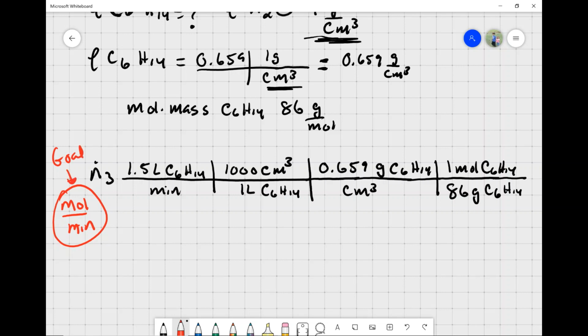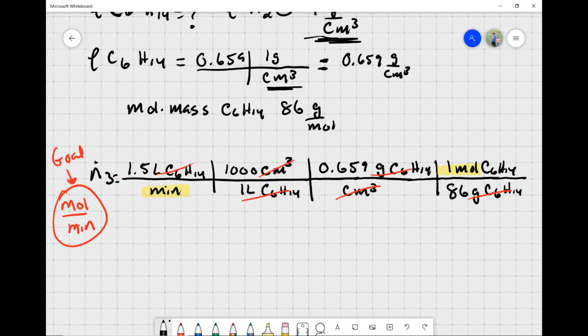So liters of C6H14 cancels, centimeters cubed cancels, grams of C6H14 cancels, and so the units we have left over now, I'm going to highlight it, mole per minute, and that's what we want. So we can plug and chug with confidence, and I do this all the time. I forget the equal sign. I'm sorry.